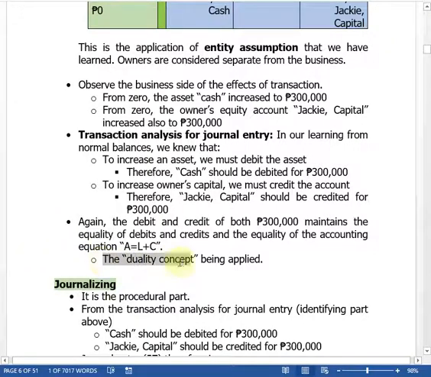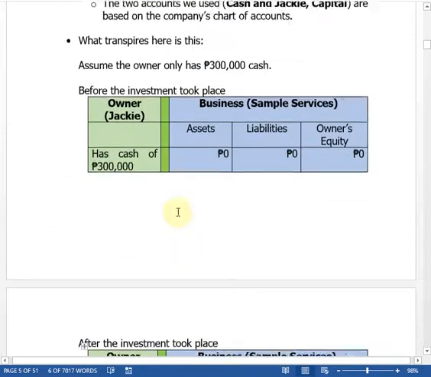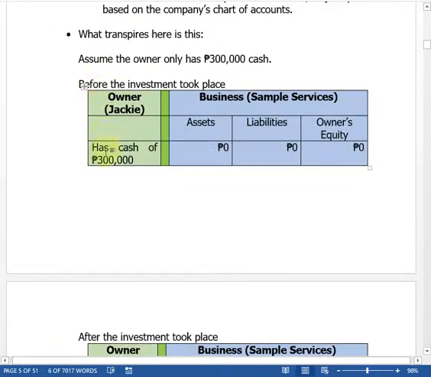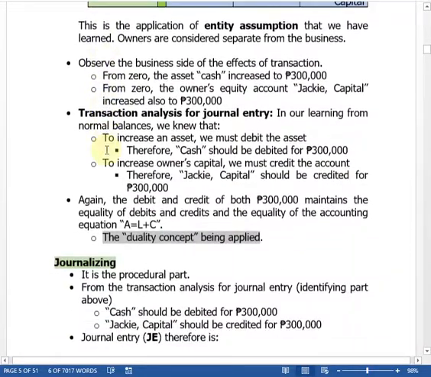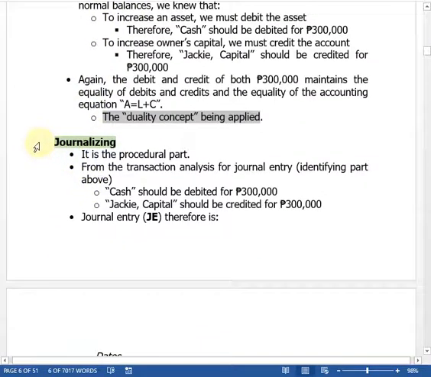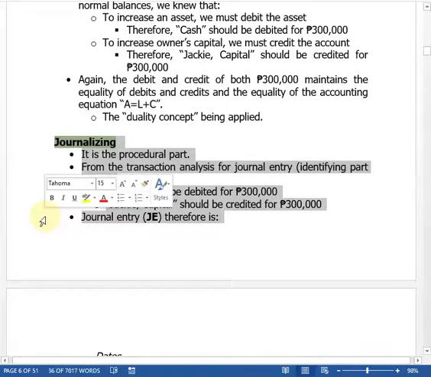So that is the duality concept application. So we are now through with the identifying. Remember, identifying and then transaction analysis as the last part. So now we can go to the next step of the process in the accounting cycle, and that is journalizing.